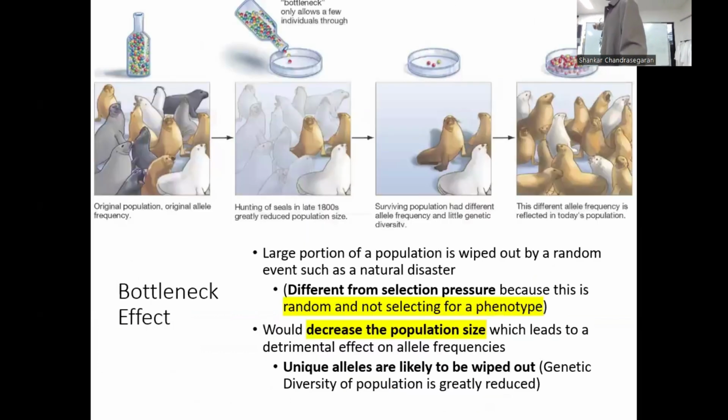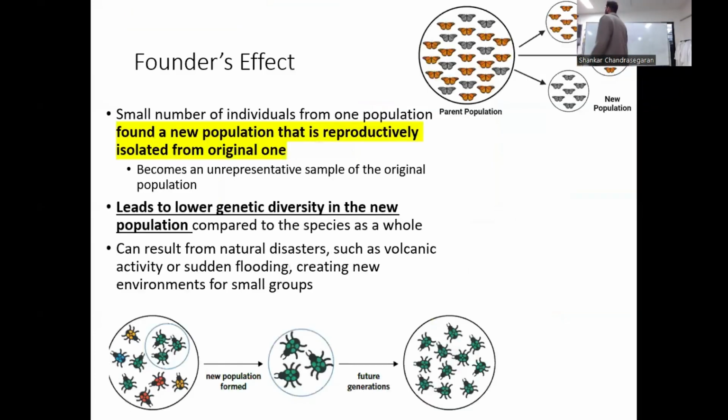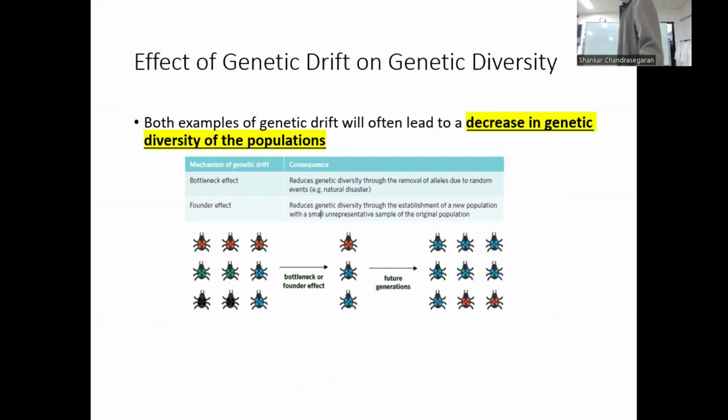It can either cause a bottleneck effect, where whatever's left of the original population is forced to reproduce and restore the population to what it was, losing the original diversity it had, or it can be due to a small portion of the population separating from the main population and having to re-emerge with whatever it had, losing the original diversity it had in the first population. All right.